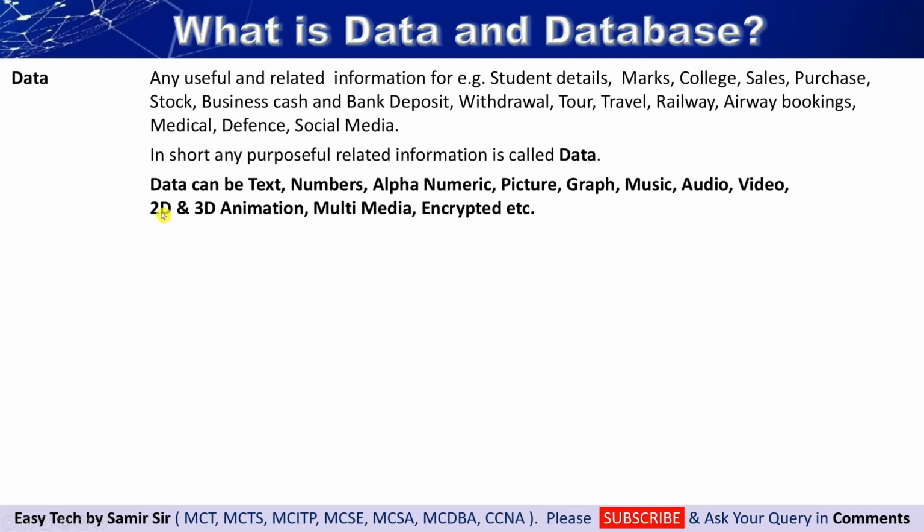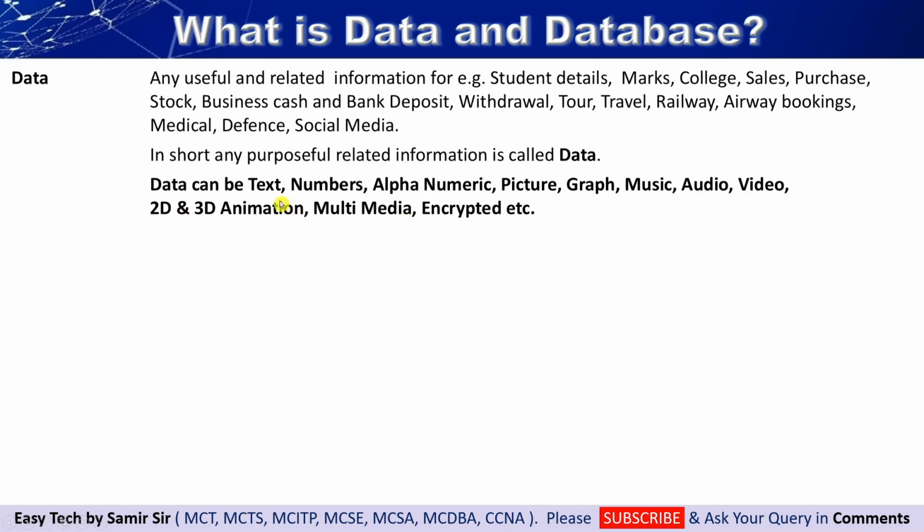Now, data can be stored in any format, like text. Text means characters. It can be numbers. It can be alphanumeric. Alphanumeric means a combination of numbers and characters. It could be pictures, graphs, music, audio, video, 2D, 3D animations, multimedia, encrypted, decrypted data, anything.